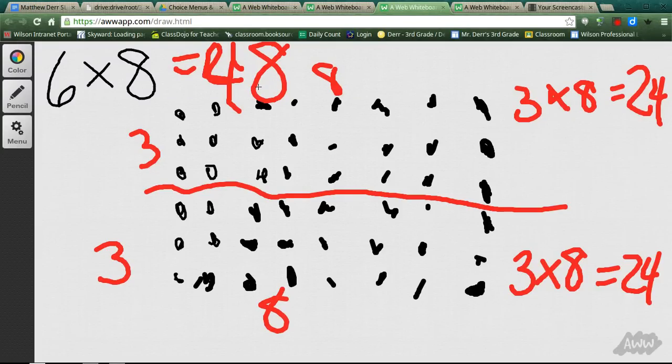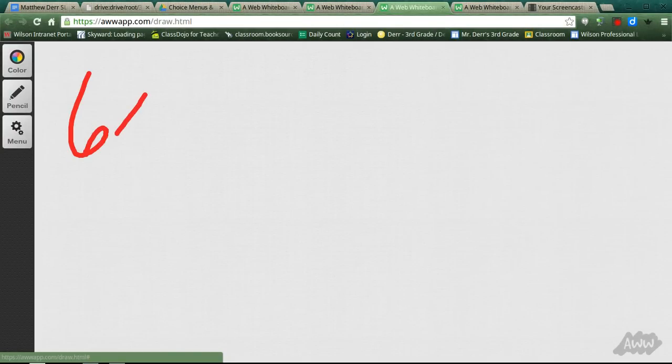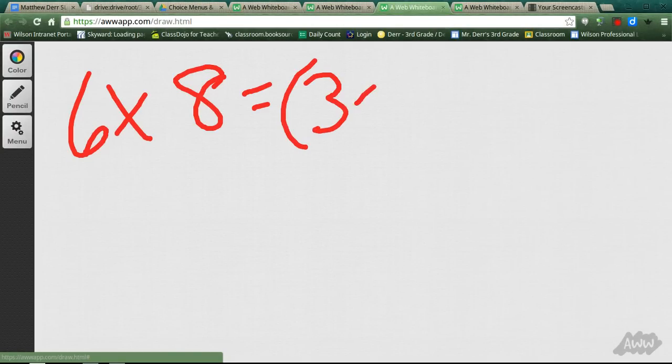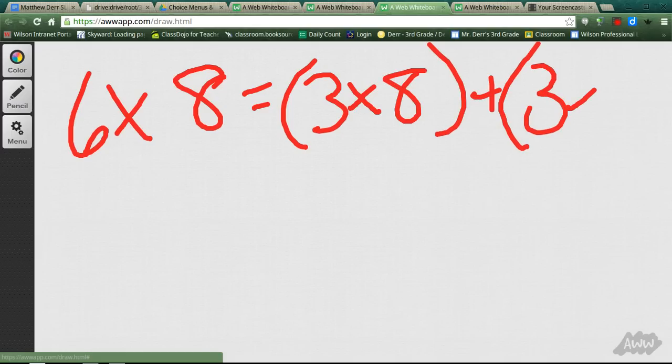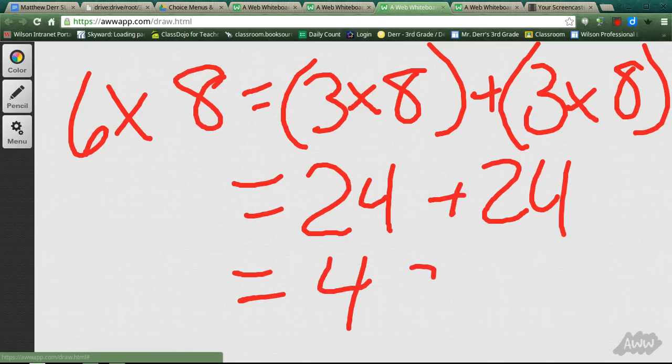You could have also done it, let's clear that here, from 6 times 8 and done the distributive property of 3 times 8 plus 3 times 8, which gets you 24 plus 24. So 6 times 8 equals 48, and that is great.